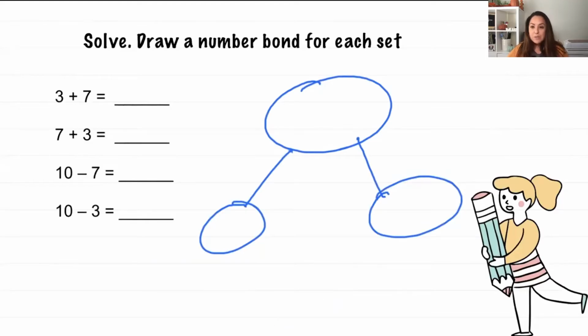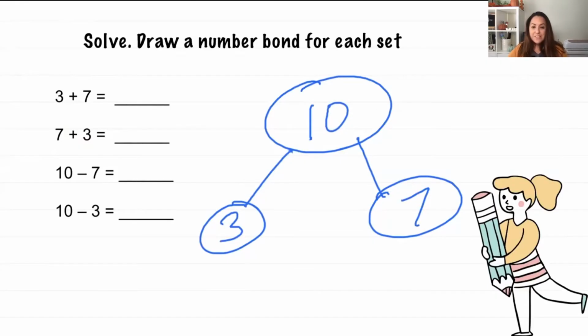The 2 bottom circles are the parts. Now we know that we're making a 10 today, so I'm going to make my whole a 10. So my parts are these numbers right here, the 3 and the 7. So I'm going to go ahead and say part, and whole. Again, part, whole.